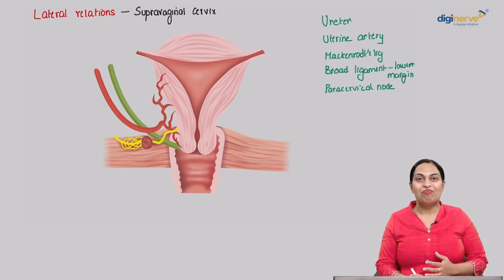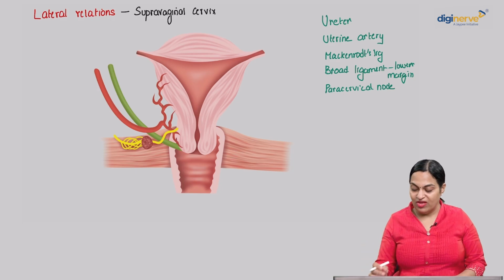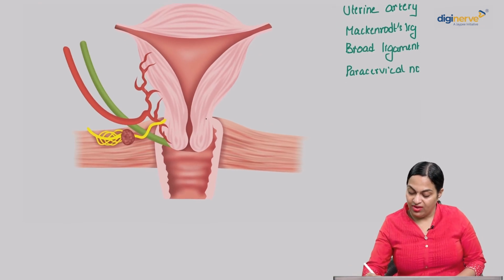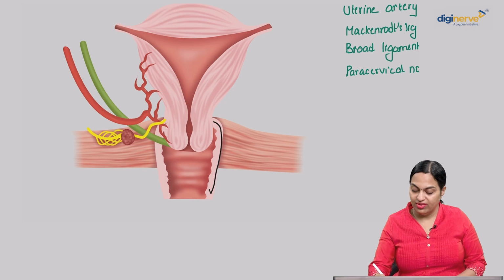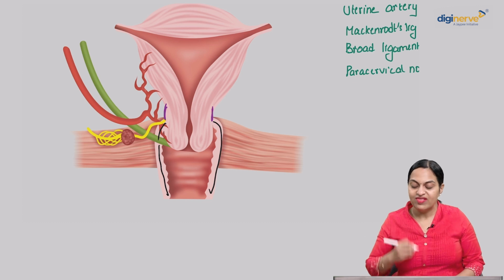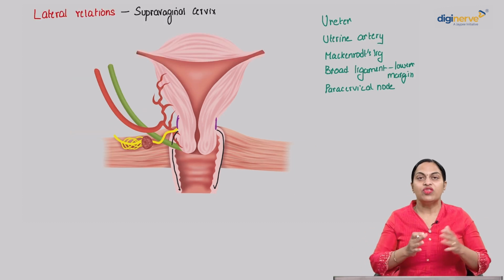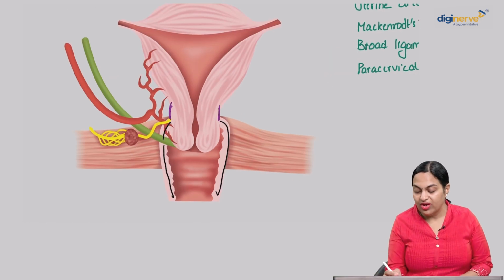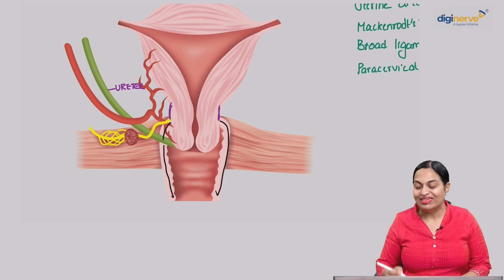Now coming to the important relations to the supravaginal part of the cervix, the lateral relations. So here, can you make out the vaginal wall, right? And this is going to be the supravaginal part of the cervix, just a few centimeters lateral to it, 2.5 centimeter lateral to it. You can see the ureter, right?